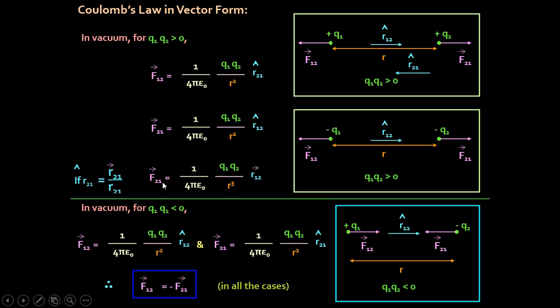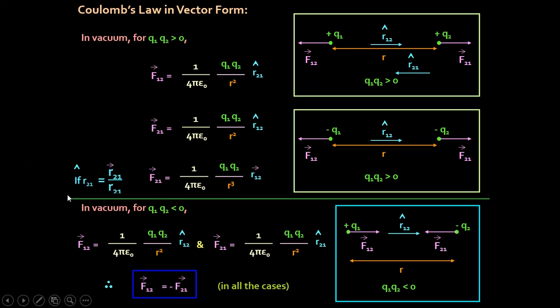It doesn't mean force is inversely proportional to the cube of the distance between the two charges. Ultimately, force is inversely proportional to the square of the distance only. But here I have written r cube because I have expressed F21 in terms of vector. I have multiplied the R12 vector with this quantity. If I multiply R12, then it becomes r cube.